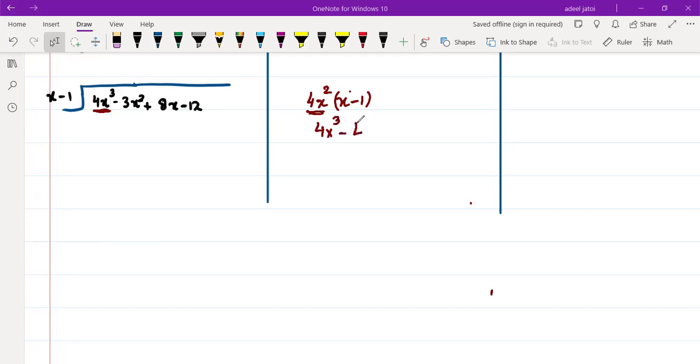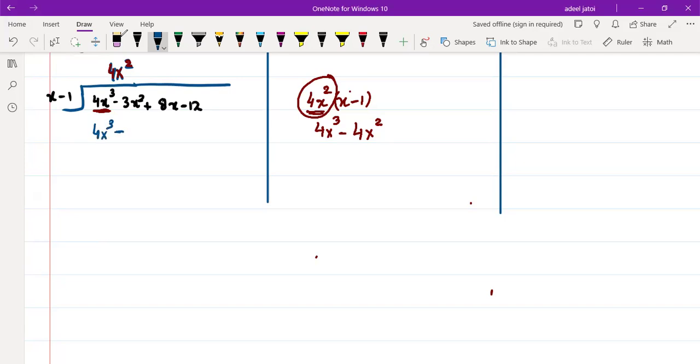So the first term in the quotient will be 4x squared. And here at the bottom, 4x squared multiplied by x gives 4x cubed.